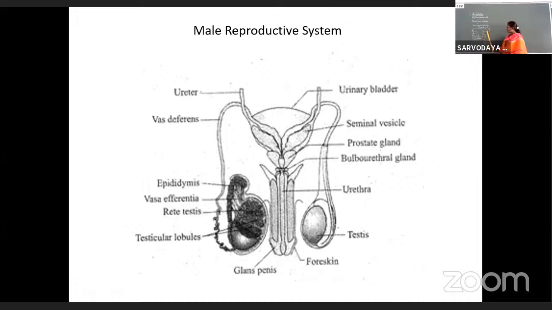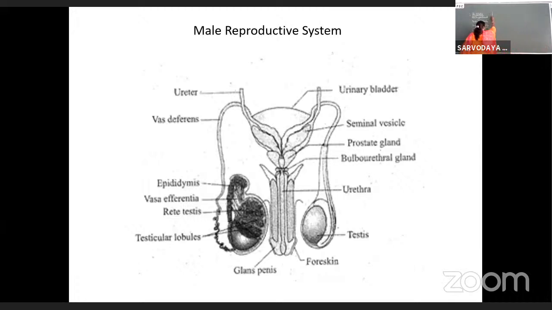Second type of cells, Sertoli cells or nursing cells. What is the function of Sertoli cells? It is going to take part in providing nutrition, nursing of the developing male germ cells. So in a section, seminiferous tubules can be observed. This is what we observe inside the seminiferous tubule.